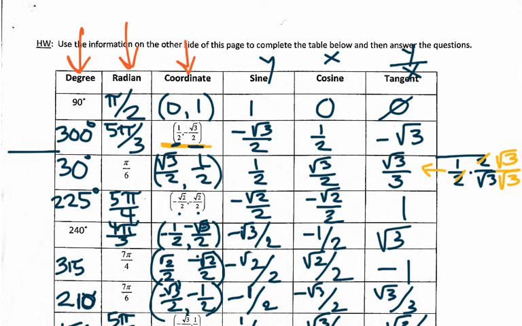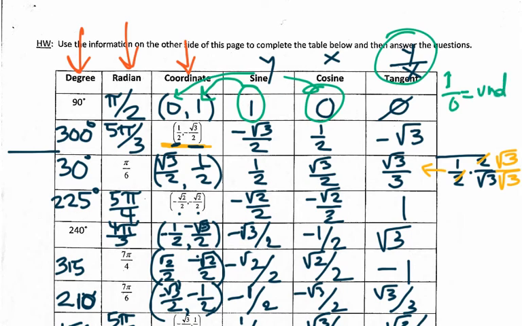Once you fill in the first three columns, then the sine came from here, the cosine came from here, and tangent is y over x, so you're dividing 1 over 0. That's what you're doing for each column. And that's why it's undefined.